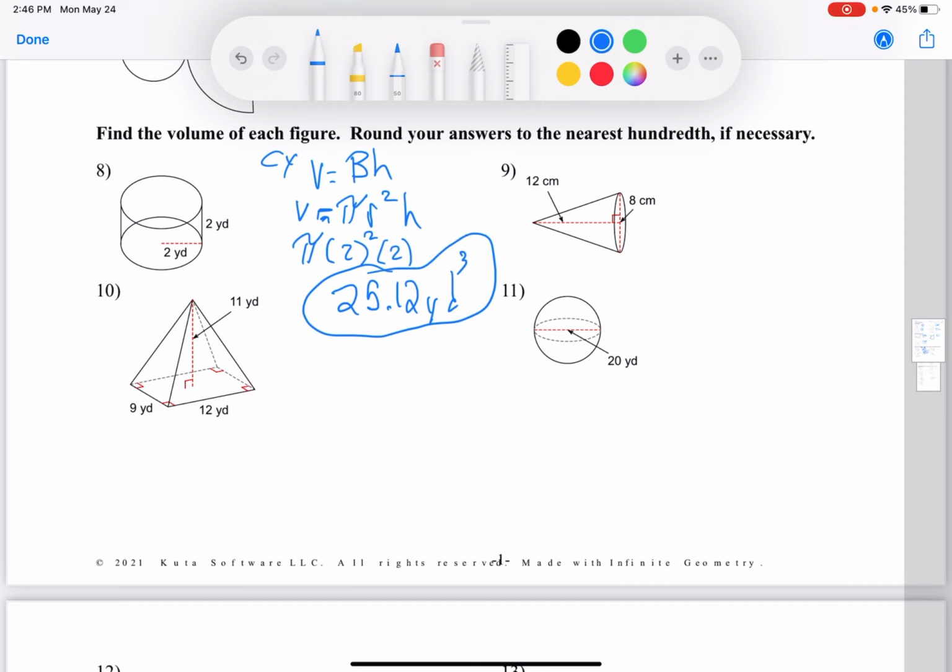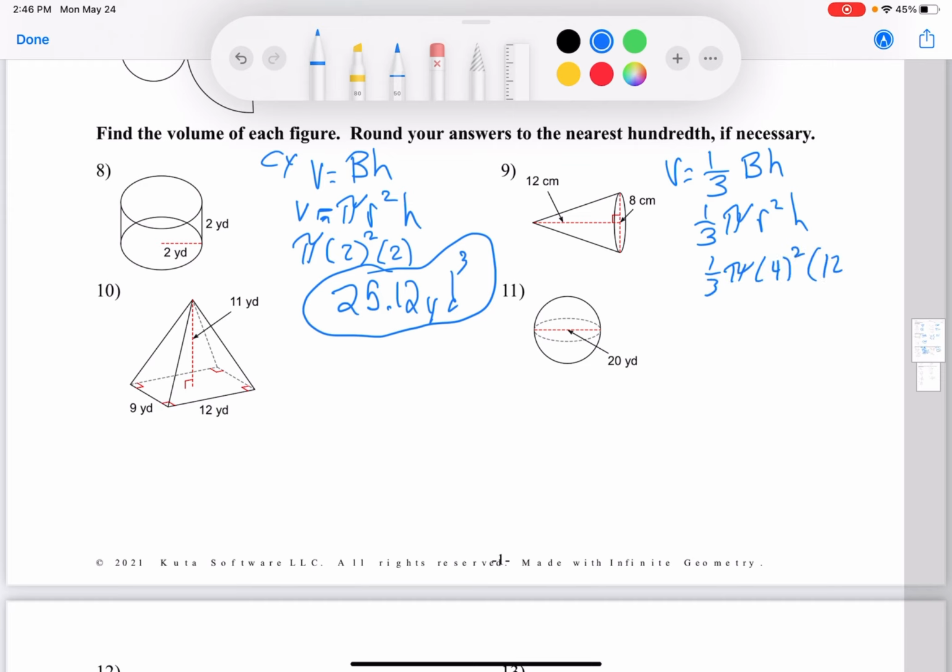Number 9 is a cone. Volume of a cone is 1/3 the area of the base times the height. So in this case, that's 1/3 of pi r squared h. The whole thing is 8, so our radius is 4. So it's 1/3 of pi times 4 squared.